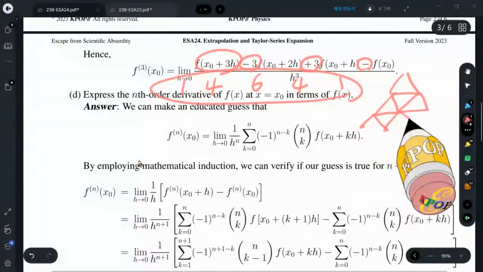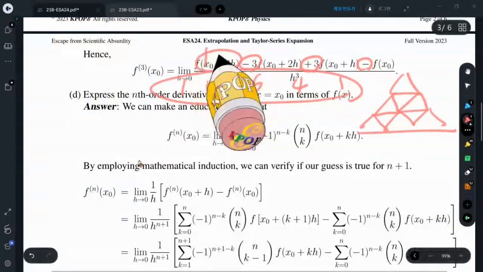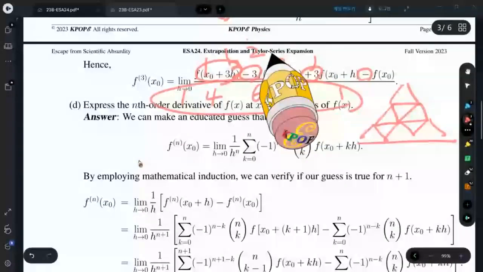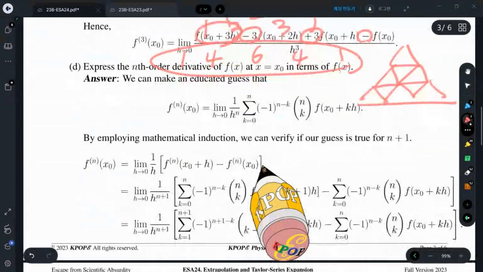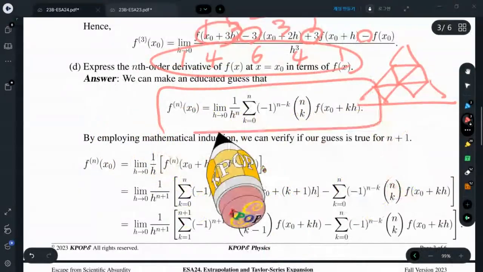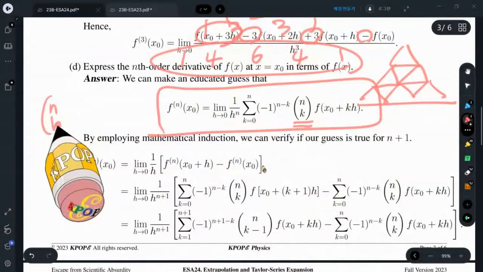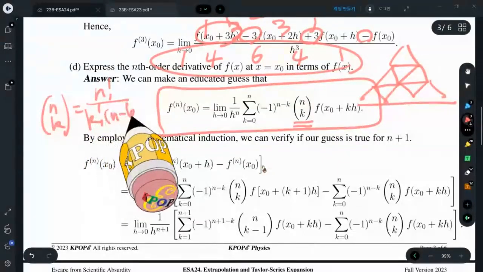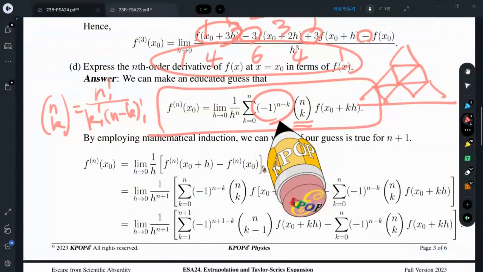So, let me take a guess. This has a binomial coefficient, and the sign is flipping.